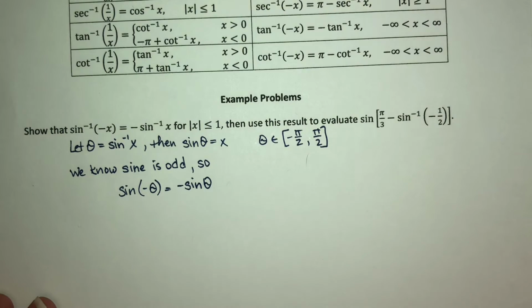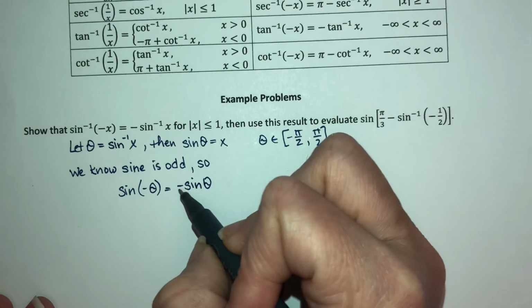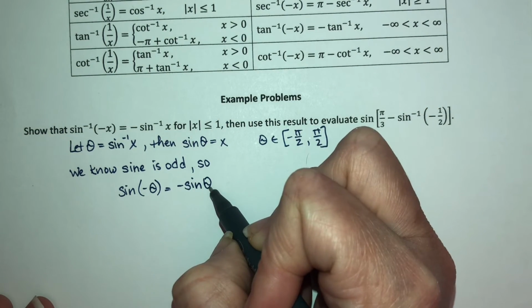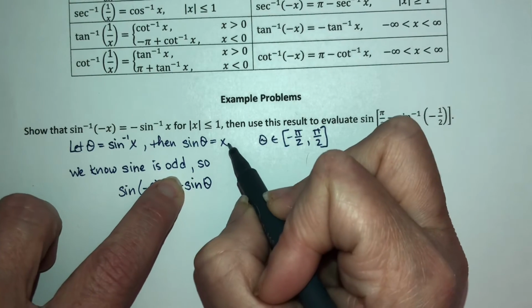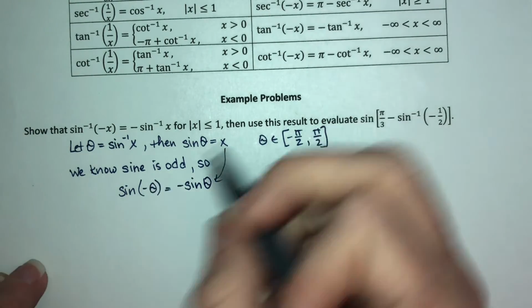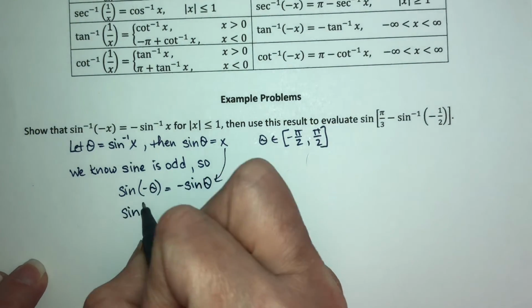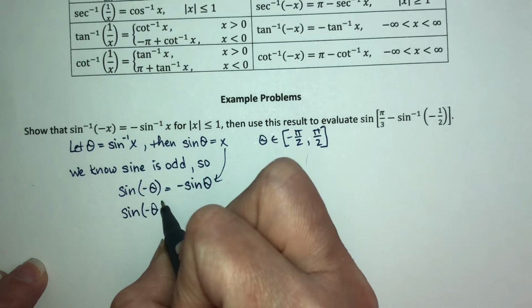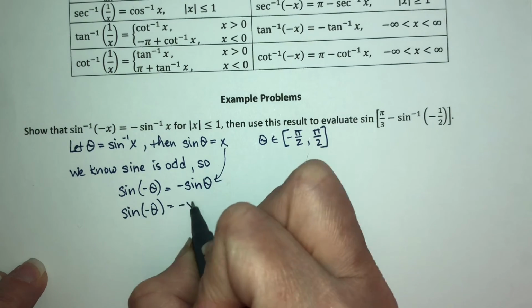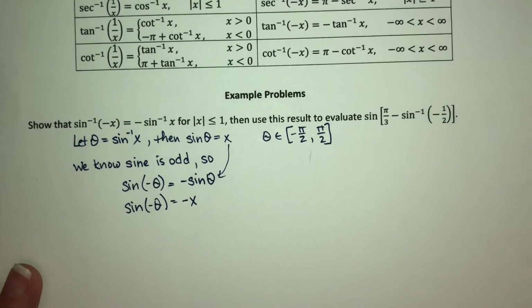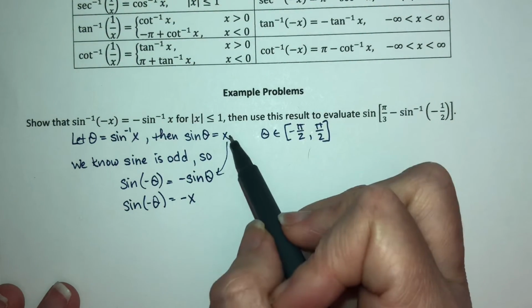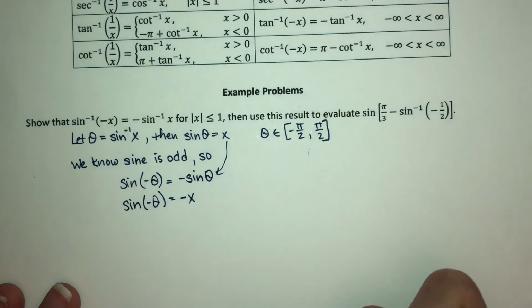Now I know that sine theta without the negative is equal to x, so I'm just going to make a substitution here. All I've done is replace sine theta with x.